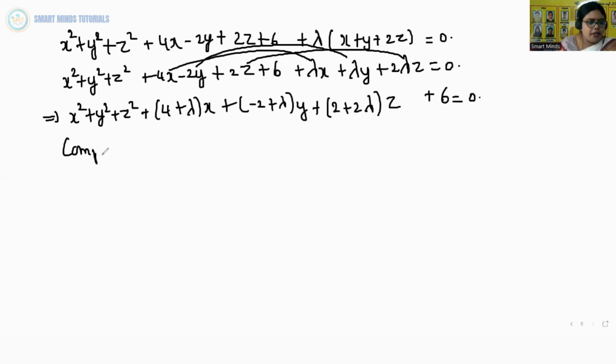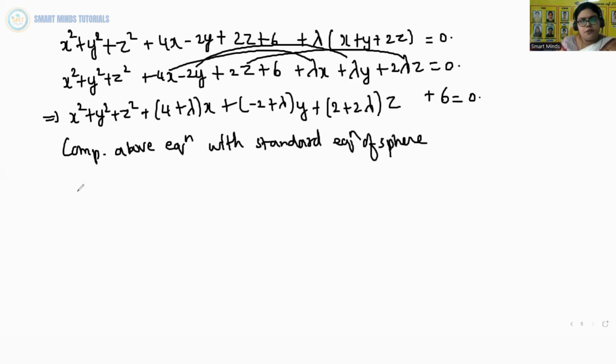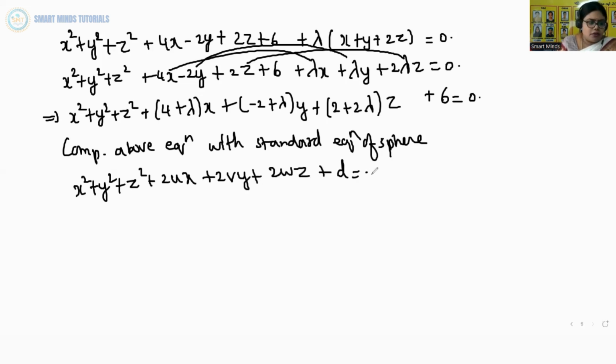Now we are comparing the above equation with the standard equation of sphere. What is the standard equation of sphere? x square plus y square plus z square plus 2ux plus 2vy plus 2wz plus d is equal to 0.